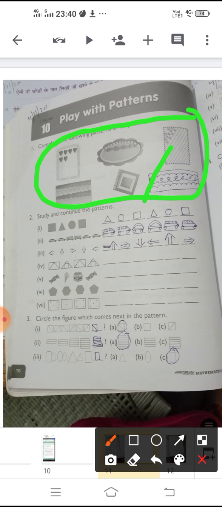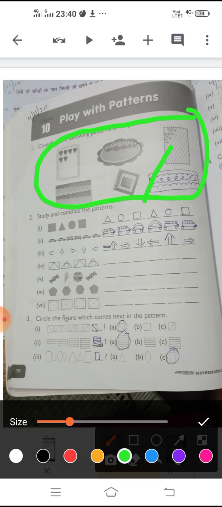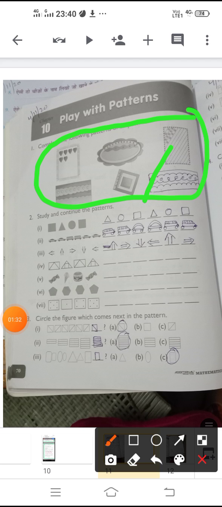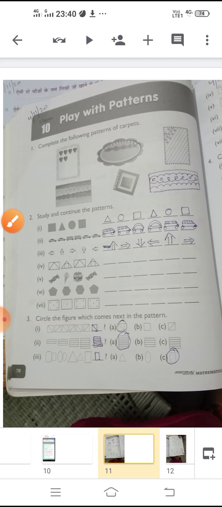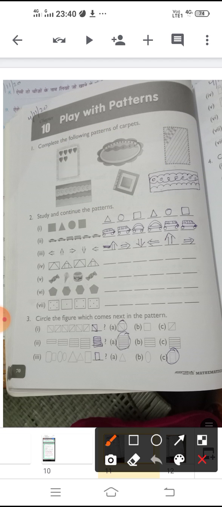Look at this pattern. You can see in this pattern of the mat, you will complete this and make the shape of a heart.